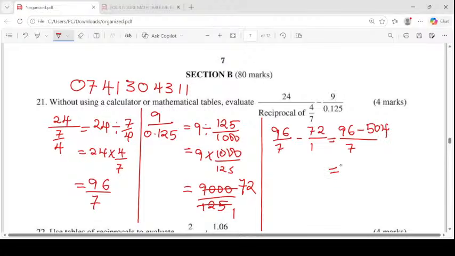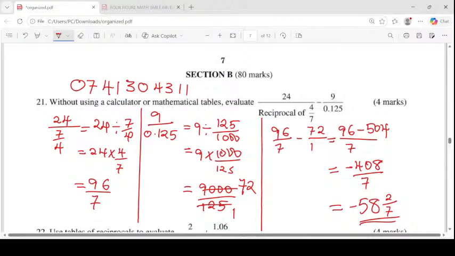Now when you subtract 96 minus 504, you get negative 408 divided by 7, so all over 7. And that, in a simplified way, is negative 58 whole number 2 over 7, without using a calculator or a log table.